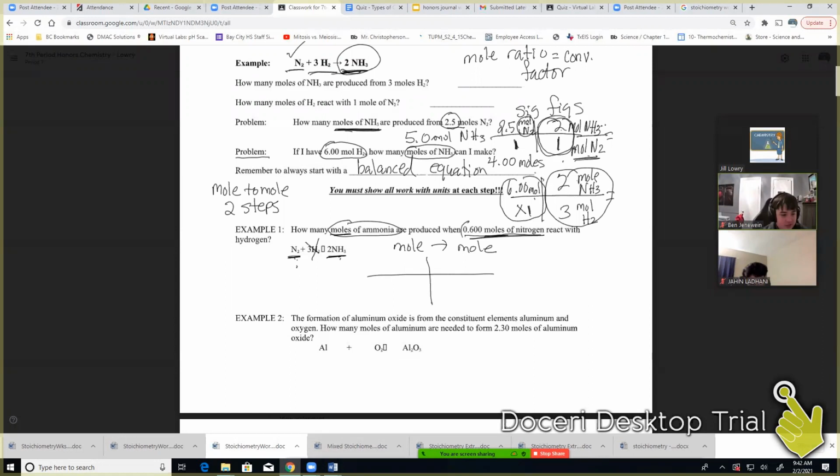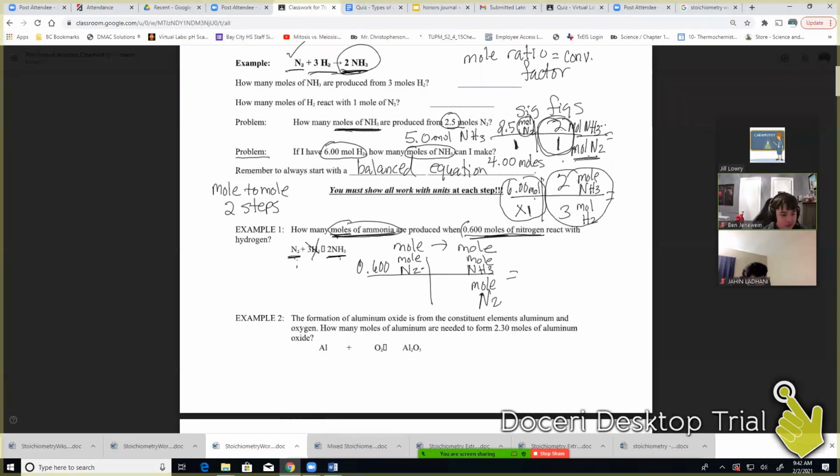Always start with what you're given, which in this case is 0.600 moles of nitrogen. And I want to get to moles of ammonia, so I'm going to put that at the top closest to my equal. I follow my units. If I'm moles of nitrogen here, I have to be moles of nitrogen down there so they could cancel.